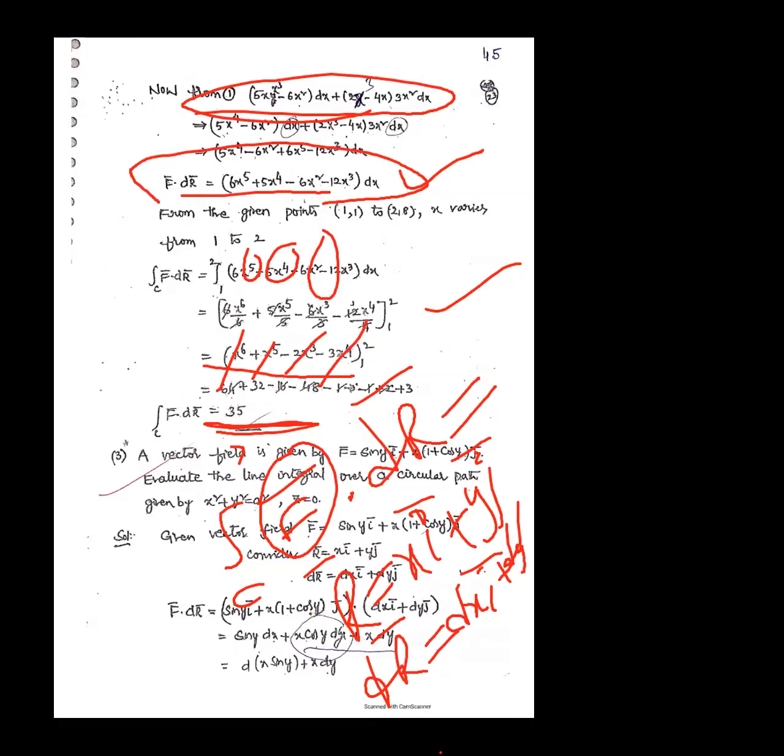Now we take the limits of x. The given points (1, 1) and (2, 8) identify the x limits: x equals 1 and x equals 2. So the lower limit is 1 and the upper limit is 2. Calculating the line integral from 1 to 2 and substituting the limits, we get the answer 35.